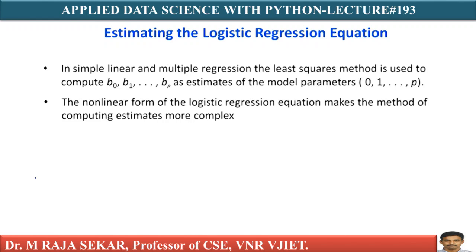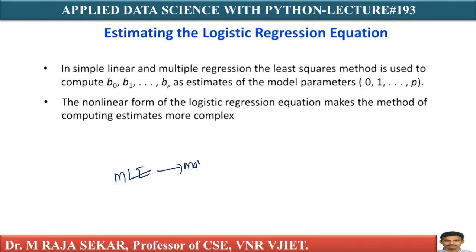So the non-linear form of logistic regression makes the method of computing estimates more complex. So whenever there is a nonlinear form of equation, instead of using the ordinary least square method, you have to make use of MLE. What is this MLE? Maximum likelihood estimation.